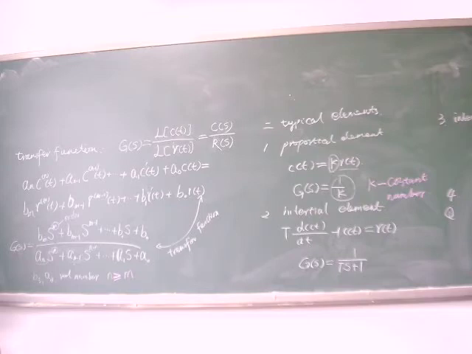Now the left is C(s) and the right is sR(s). So the definition of the transfer function is C(s) by R(s), which is equal to s. So for the ideal differential element, G(s) equals s.